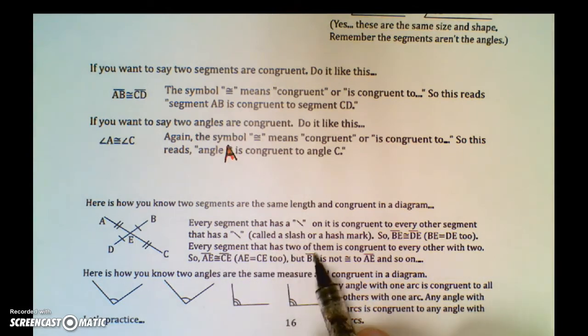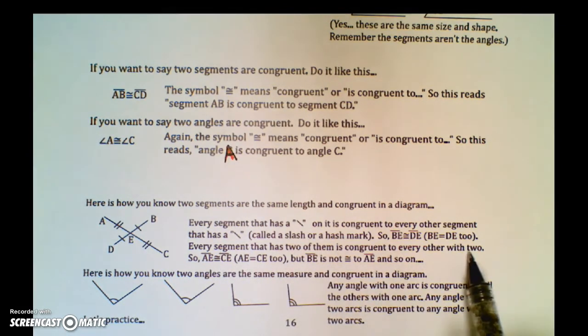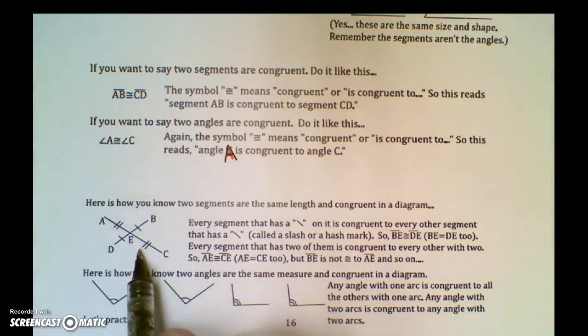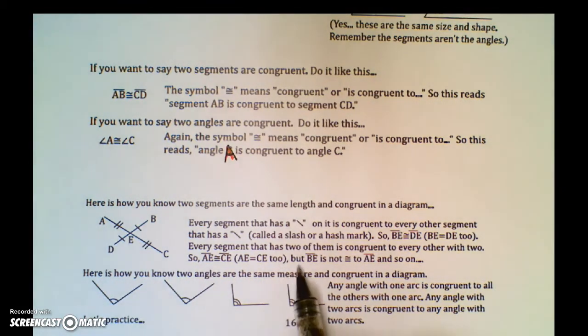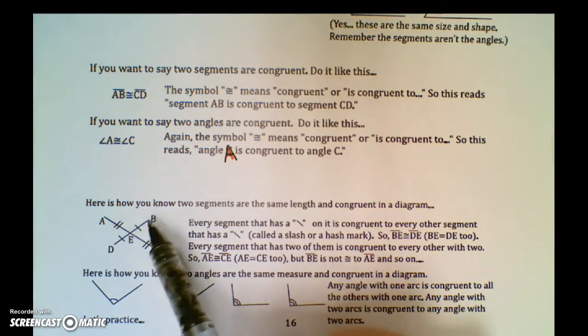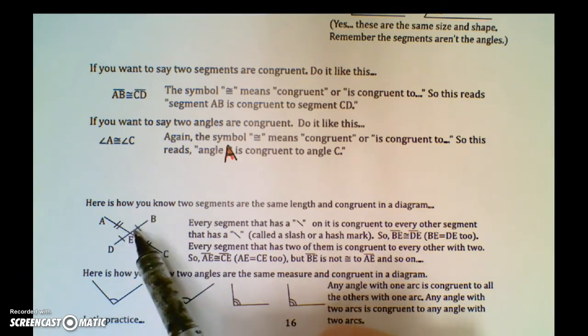Every segment that has two of them is congruent to every other with two. So AE is congruent to EC, but BE is not congruent to AE, so they have to have the matching symbols to be congruent. So AE is not congruent to BE because they do not have matching slash marks or hash marks.